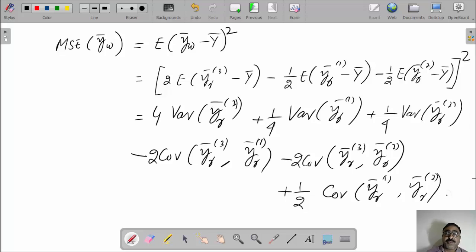Now we have to find these values. Variance of y r bar 3 can be obtained by using 2n in place of n for the usual ratio estimator, and this is the variance of the usual ratio estimator. Now we shall find each of the covariance terms here.